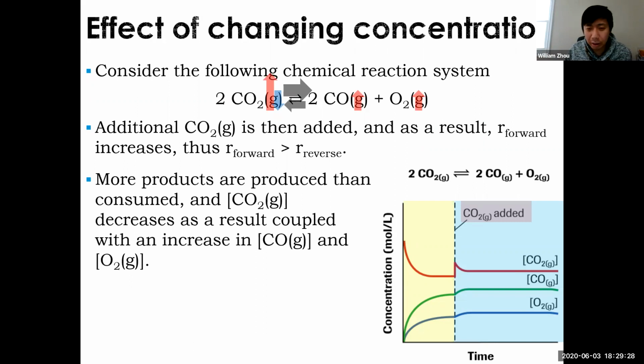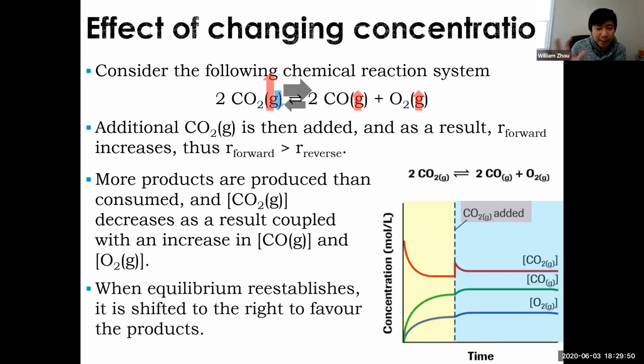And so as a result, you will make more product and you will consume carbon dioxide to do so. Does that make sense? More products will be produced than consumed. So this results in a net decrease of CO2 again, coupled with an increase of CO and oxygen, the product.